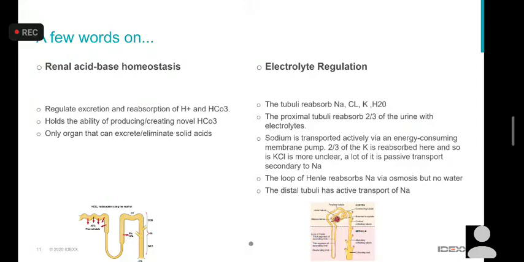When it comes to the electrolytes, again, the kidneys are extremely important because they reabsorb some of the most important ones: sodium, chloride, and potassium. But also, the proximal tubuli actually reabsorb the majority of the urine. Again, the pre-urine is being absorbed and concentrated, and then the remaining part is being excreted. Sodium is pumped actively, and potassium is usually reabsorbed passively. That's how sodium and potassium work.